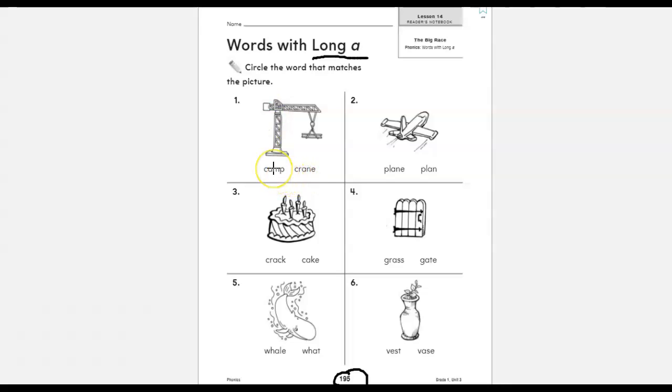Circle the word that you think matches the picture. Camp, crane. Let's look at number 2. On number 2, we have the words plane and plan.